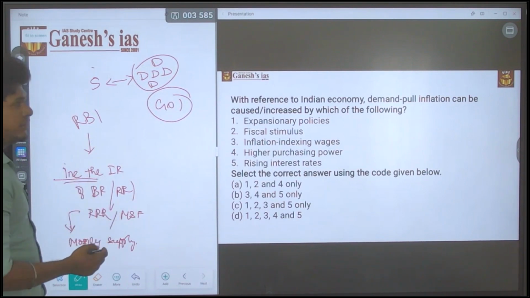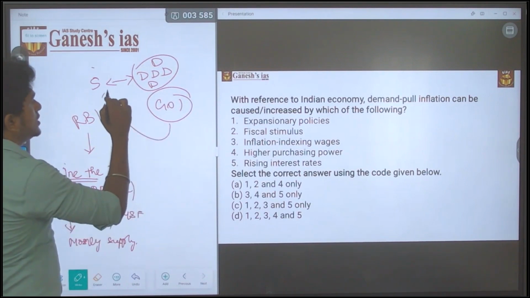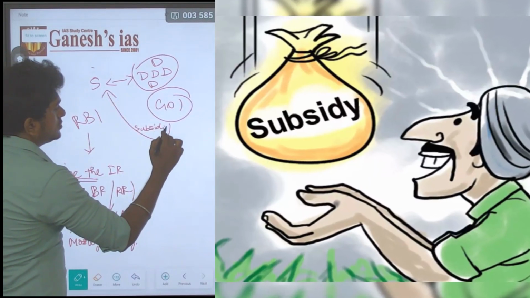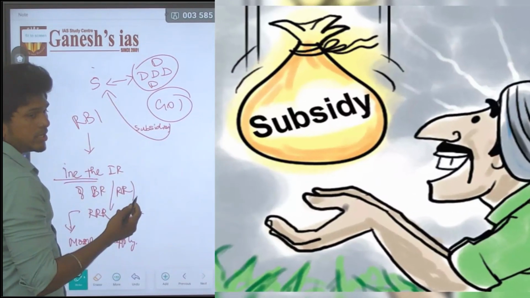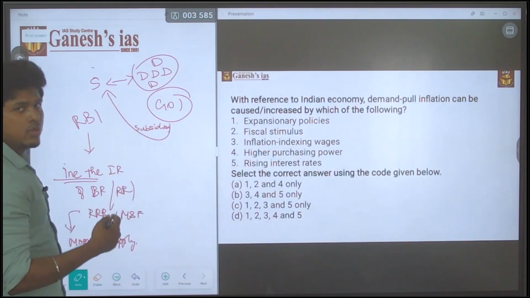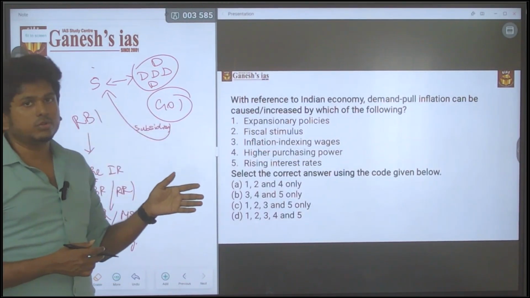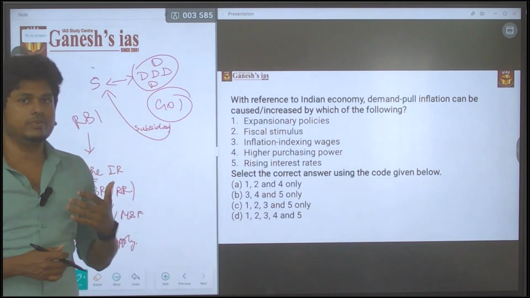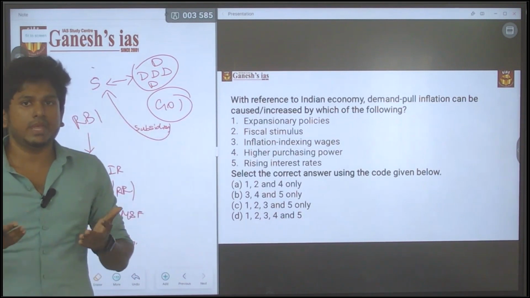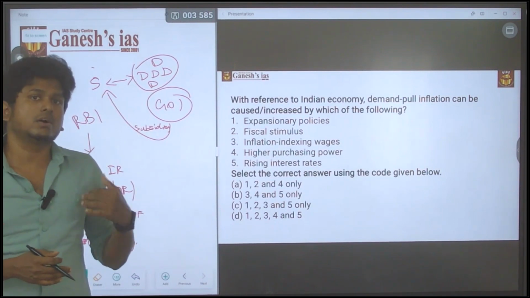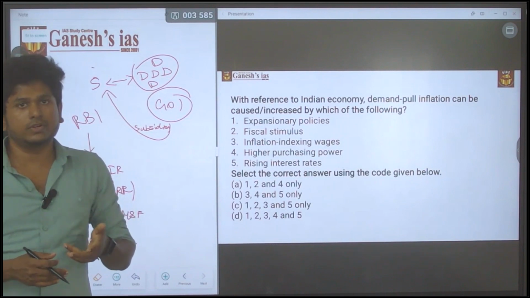So the government will provide subsidies to the producers to produce more goods to manage the demand. In such a way they will try to balance demand pull inflation in the market. These are the things the RBI and the government will do.